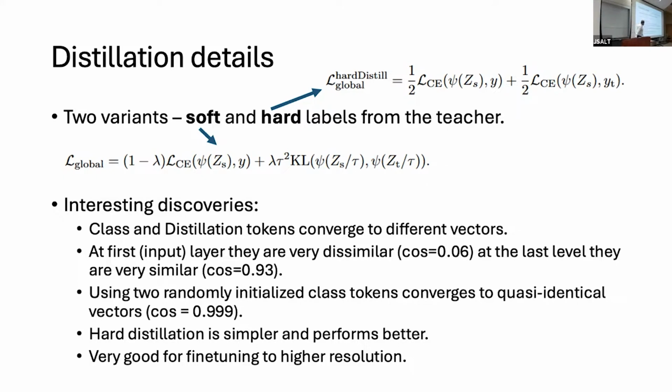Then you have your cross entropy loss, which is just the classification loss between the student and the ground truth label Y. The other part of your loss is the KL divergence, which computes how far apart two distributions are. The two distributions are the softmax of the student and the softmax of the teacher.